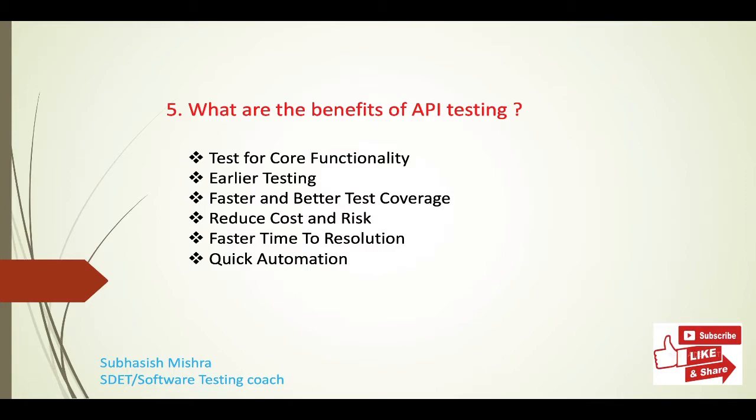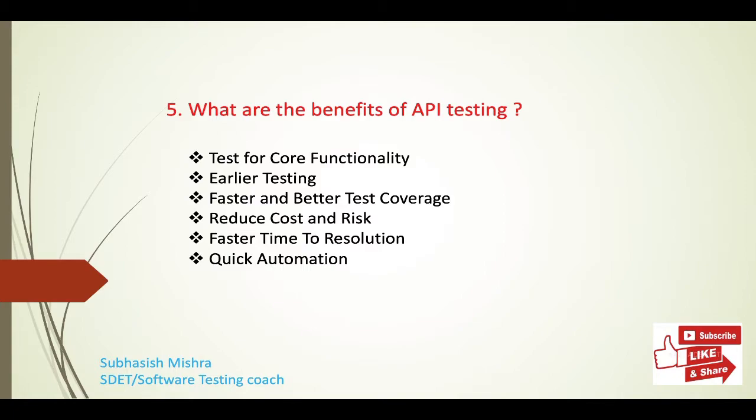It gives a faster and better test coverage. API testing is time effective if you compare with GUI testing. API test automation requires less code, so it can provide a faster and better test coverage. API testing helps us to reduce the testing cost.